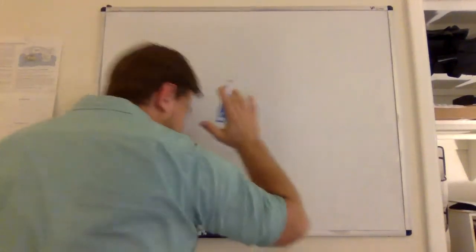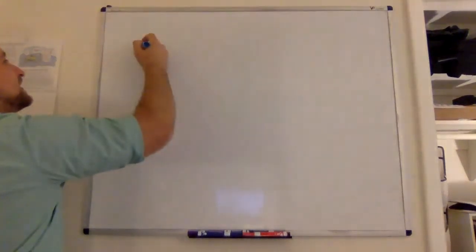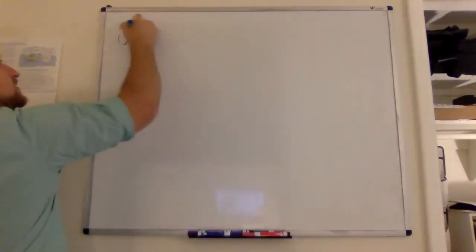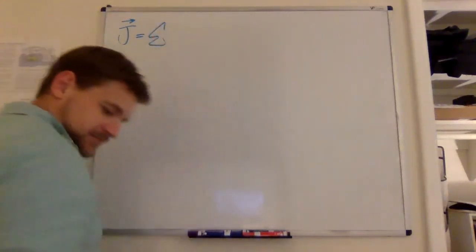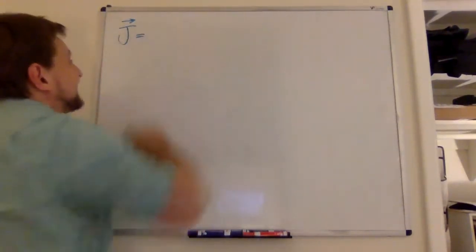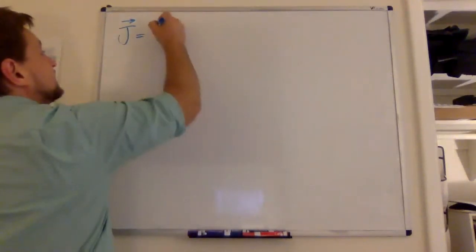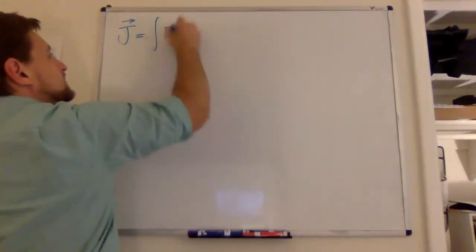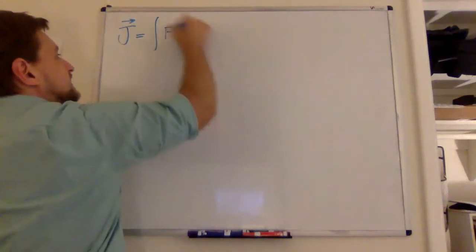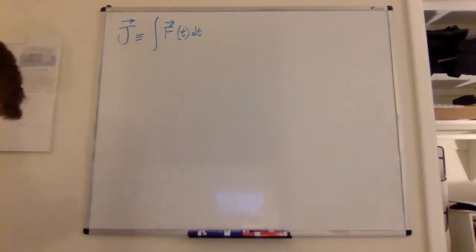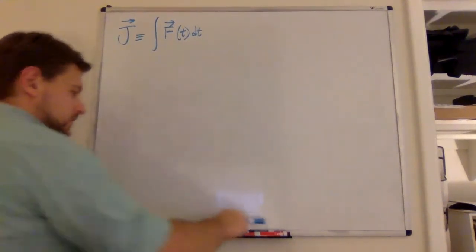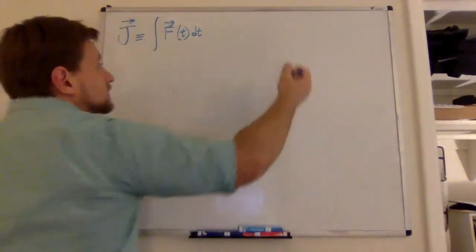We defined impulse, J, as the integral, not the sum, as the integral of force dt. We defined it that way, three-line equals. What if there were another thing?